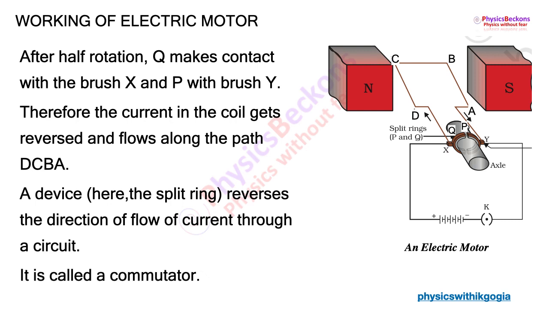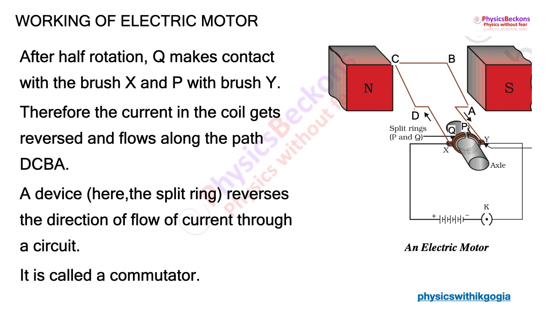This device is called a commutator. So the split ring is termed as split ring commutator. Purpose, function, as said earlier, it is used to reverse the direction of current through the coil ABCD. You can see how the reversal takes place.